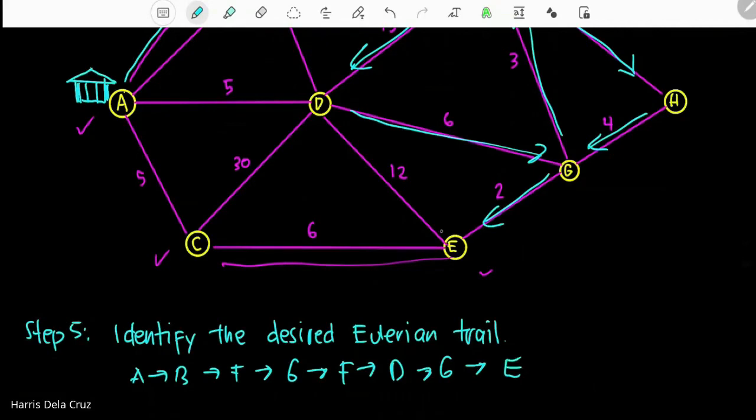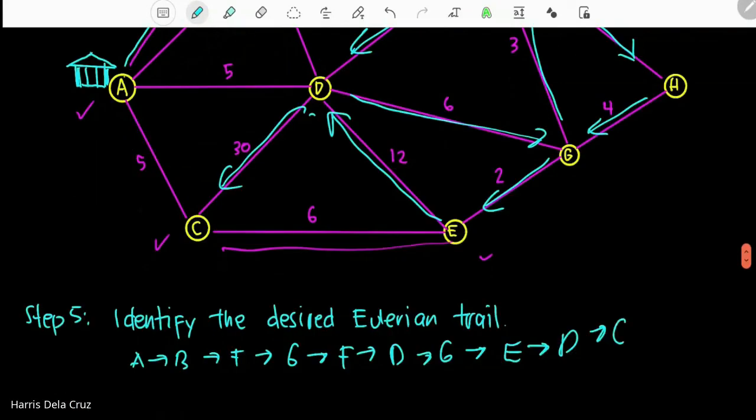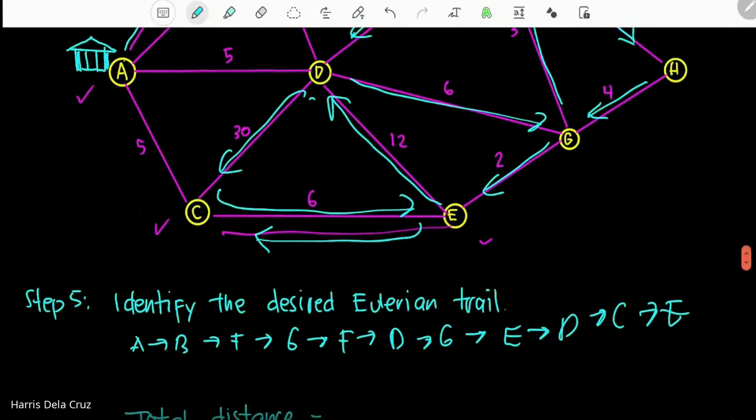From E, you can go to D again. From D, you can go to C. And then from C, you can go to E. And then you can go back again to C using that same road.